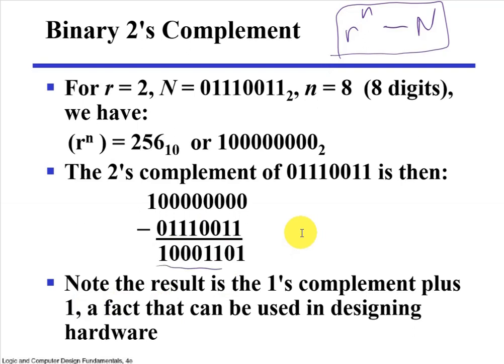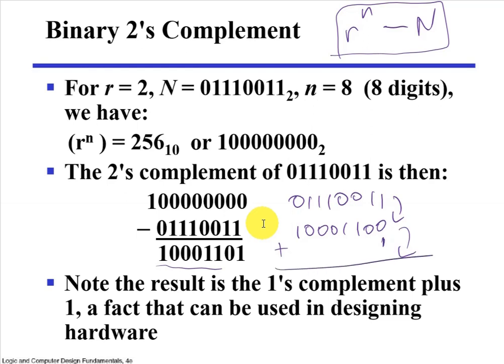So how? The 1's complement, we said, is obtained by simply inverting: 0, 1, 1, 1, 0, 0, 1, 1. So the 1's complement is basically inverting all these bits. This is the 1's complement, and in order to get the 2's complement, we just add 1. That gives 1, 0, 1, 1, 0, 0, 0, 1.